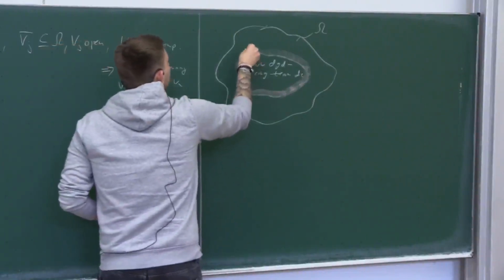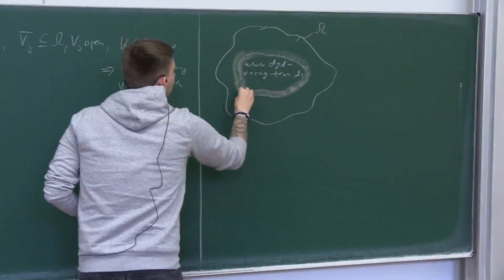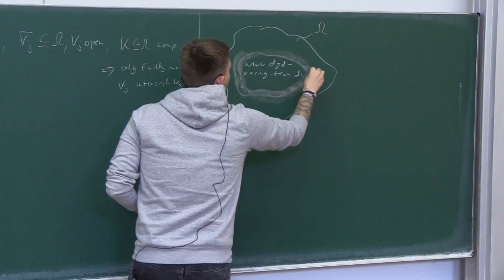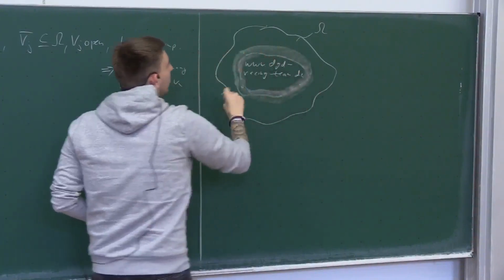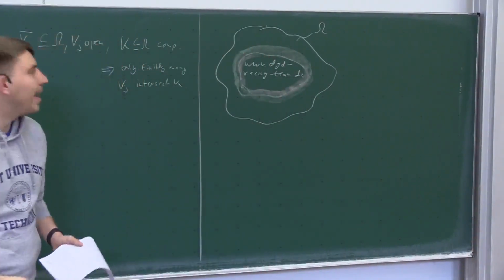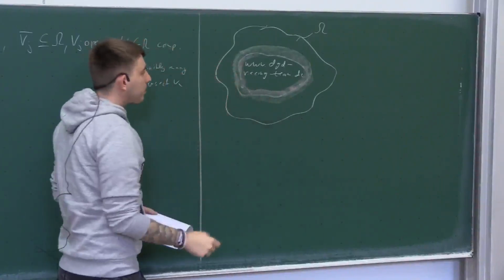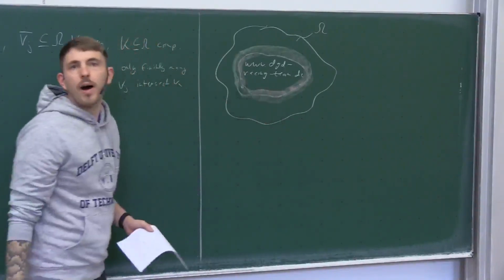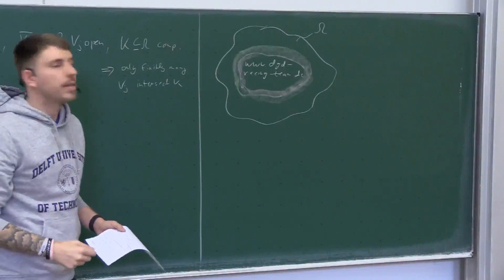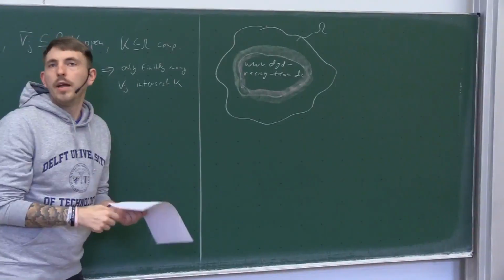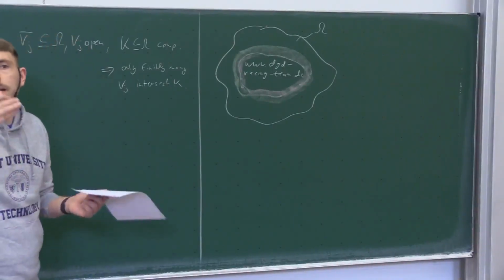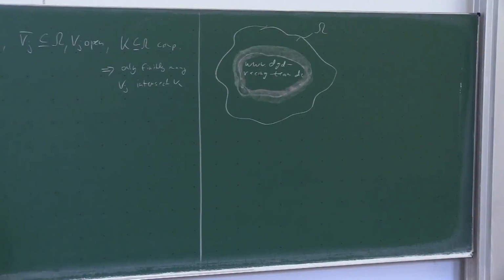Then I want to take a smaller annulus around it. It's not very nice, but the green part is somehow also an annulus. It overlaps with the yellow part, and it's smaller than the pink part. And you do this, getting smaller and smaller and smaller.